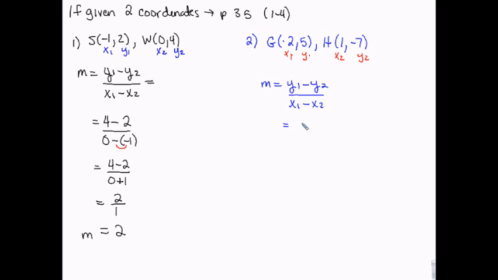I've got 5 minus negative 7. And I've got negative 2 minus 1. 5 minus negative 7 is the same thing as 5 plus 7. So I have 12 over negative 3, and those divide evenly, so I have a negative 4. Yes?